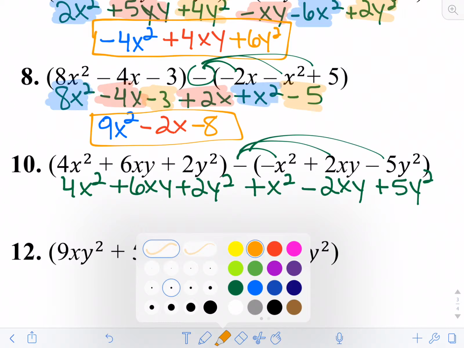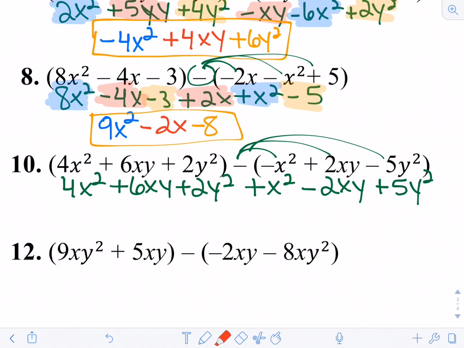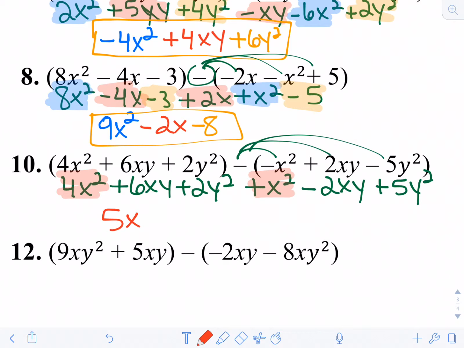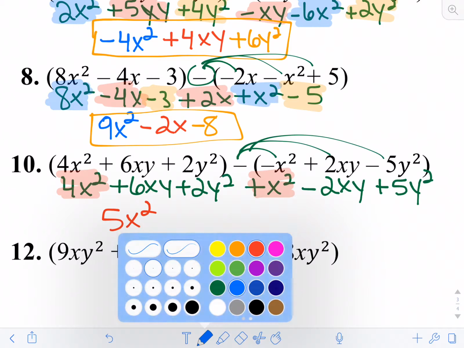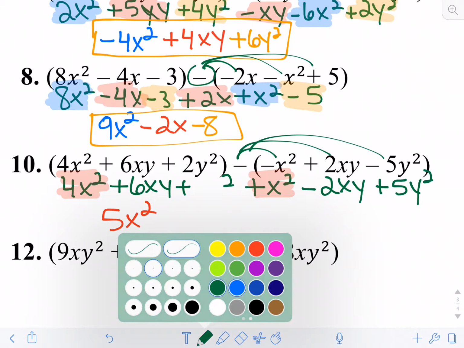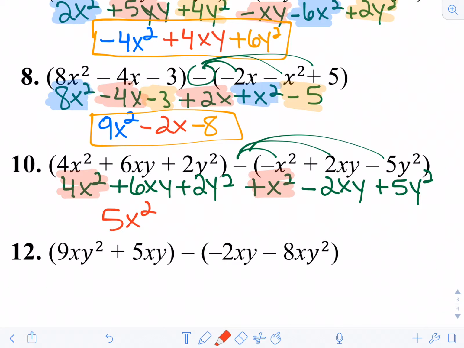Okay. And I'm going to go with my highest degree, so I have some squares in here. So 4x squared, and I have an x squared. So 4 plus 1 is 5, so we have 5x squared. And then it doesn't matter from here what I do, because I have a y squared also. Okay.